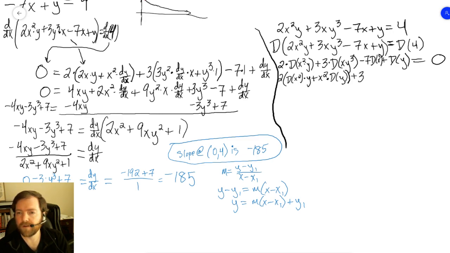Plus 3 times, here we have the derivative of x times y cubed, plus x times the derivative of y cubed. Again, power rule. Minus 7 times the derivative of x, we'll come back to that later, plus the derivative of y, again, equals 0.